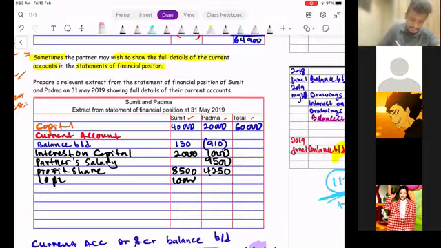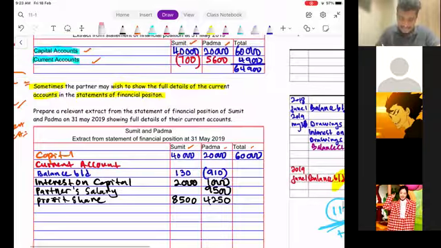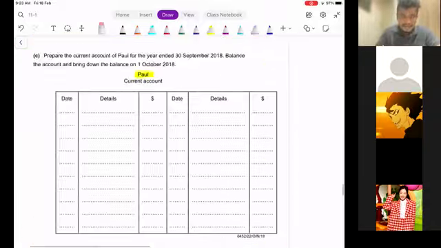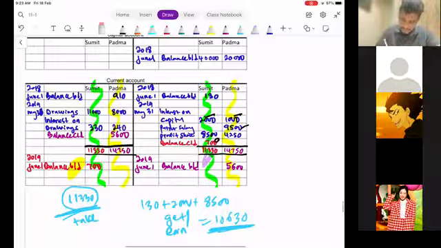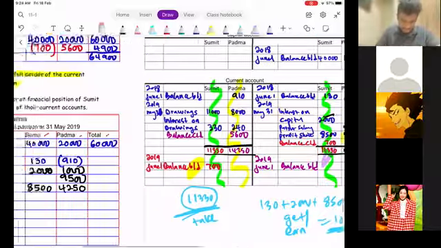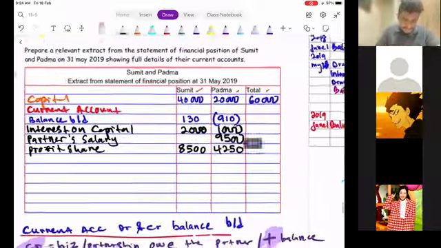We just add the information only. If you have done the homework, last class I gave you homework, right? If you did the homework, then you'll know it's inside here. Here got interest on partner's loan. If you haven't done it, please do it later.